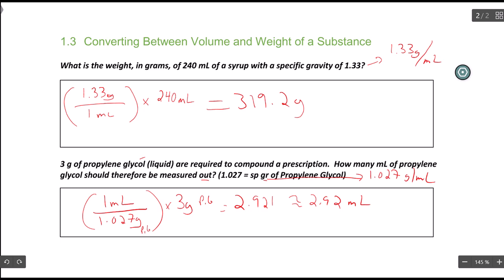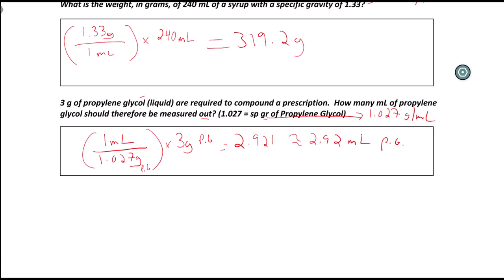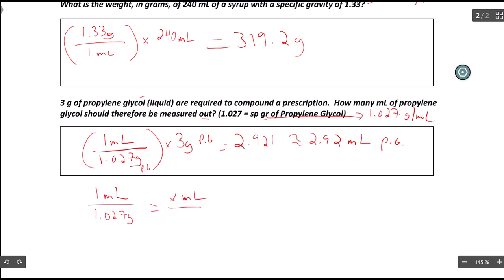Now, the way in which I'm doing these calculations, remember, if you want to do them as ratios, they're proportions, you can say 1 ml is equal to 1.027 grams. How many mLs is equal to 3 grams, people are used to. Remember, what am I doing? You're multiplying this side of the equation by 3 grams to cancel it out, and you're multiplying this side of the equation by 3 grams, right?